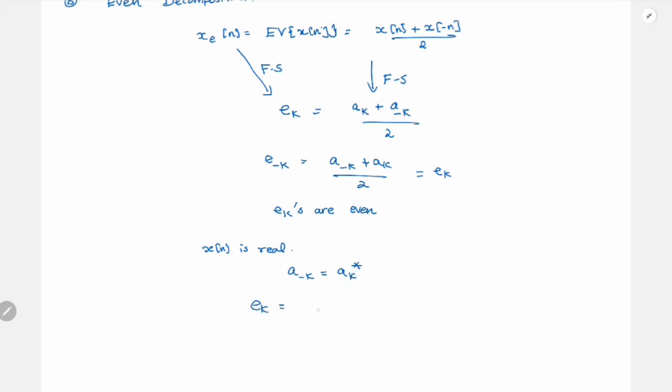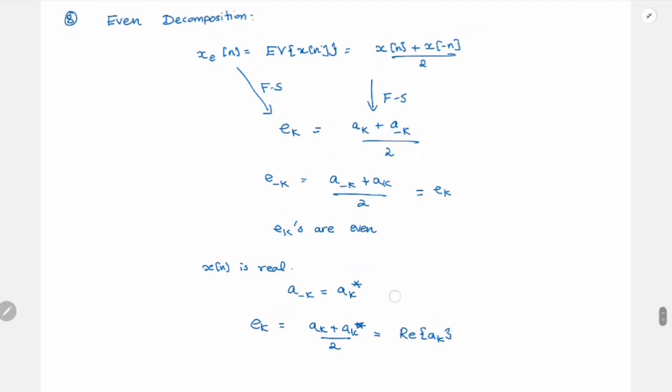Then your e_k will be a_k plus a_k star by 2, which is nothing but the real part of a_k. So this is only true if x of n is real, and its even part's Fourier series will be given by the real part of a_k.